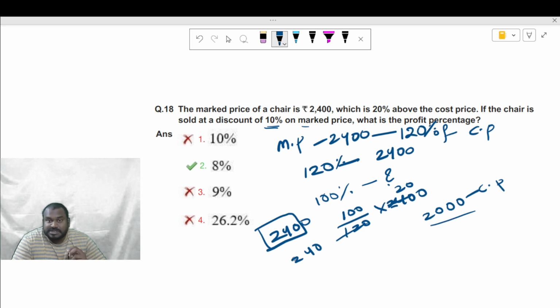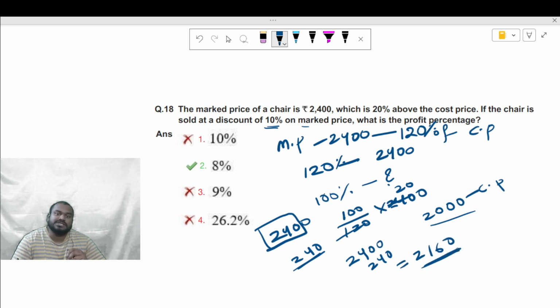Now, what is the percentage profit? He sold it at a discount of 240 on market price, so subtract 240 from 2,400, which is 2,160. For this value, he sold the chair. So this is the selling price.